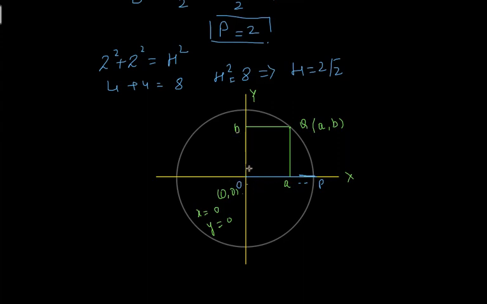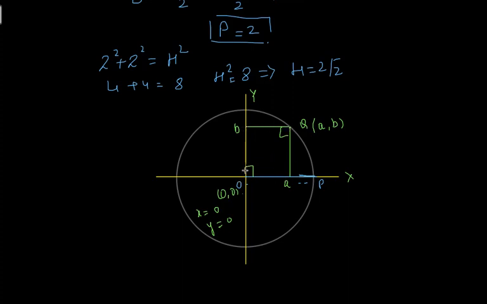Now we know that this angle is 90 degrees. Since these two are perpendiculars, this angle is also 90 degrees. So what we form here is basically a rectangle.